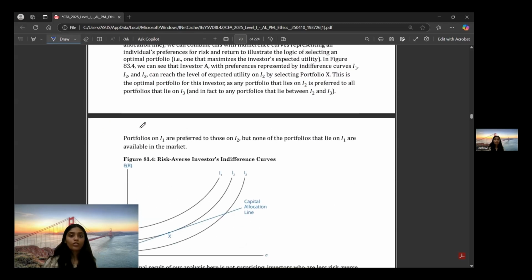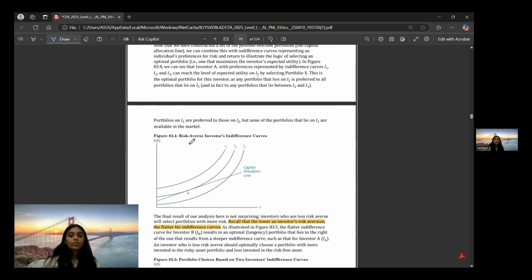Let's move forward. So for this, if you can see, for a random investor A, point X, which is on the capital allocation line and on the indifference curve, is an optimal portfolio for that particular investor who seeks a particular amount of standard deviation and a particular amount of return. That's it.